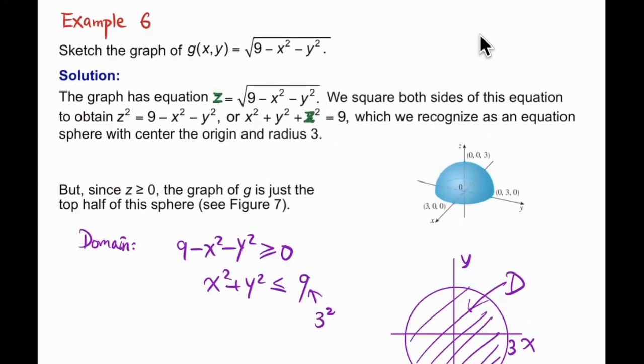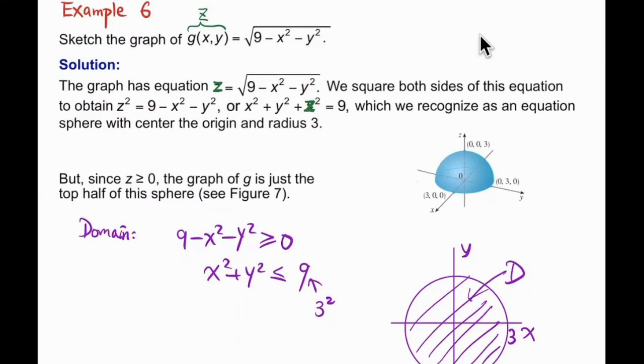The first thing we do to sketch this graph over here, we're going to replace this g of x comma y by z. So z is equal to this. After that, we're going to square both sides, giving us z squared equal to 9 minus x squared minus y squared.